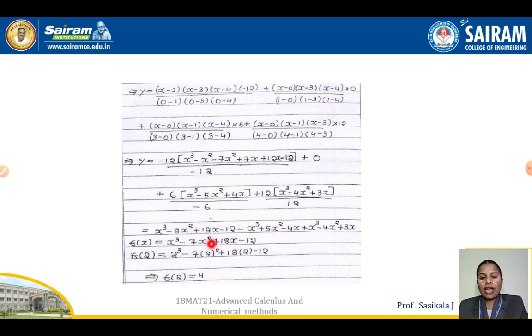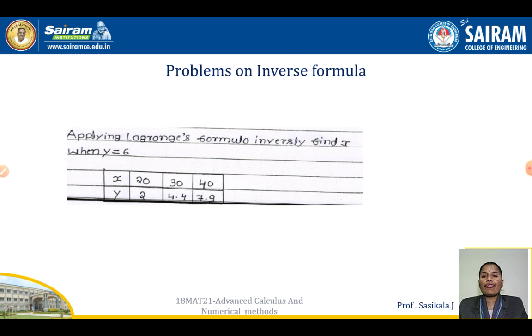After simplifying, I get a third degree equation in terms of x, which is the polynomial equation: x cube minus 7x squared minus 18x plus 18x minus 12. Okay. So this is the first question. Now for the second one, what we need to do is replace x is equal to 2 to get your f of 2 value. So replacing x with 2, I get f of 2 is equal to 4.